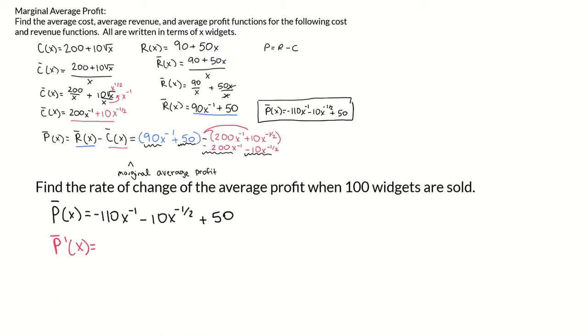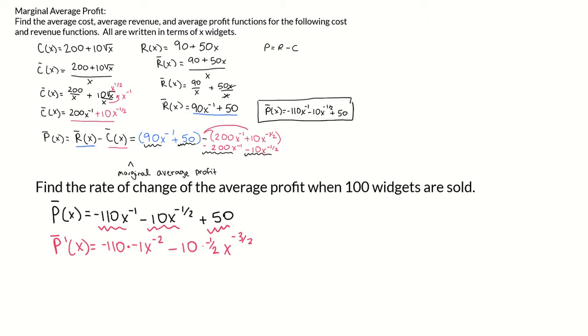We're going to use the power rule on each term. So with this first term, there's our constant, bring down the power and subtract 1 from the power. Our middle term, there's our constant, bring down the power, subtract 1 from the power.